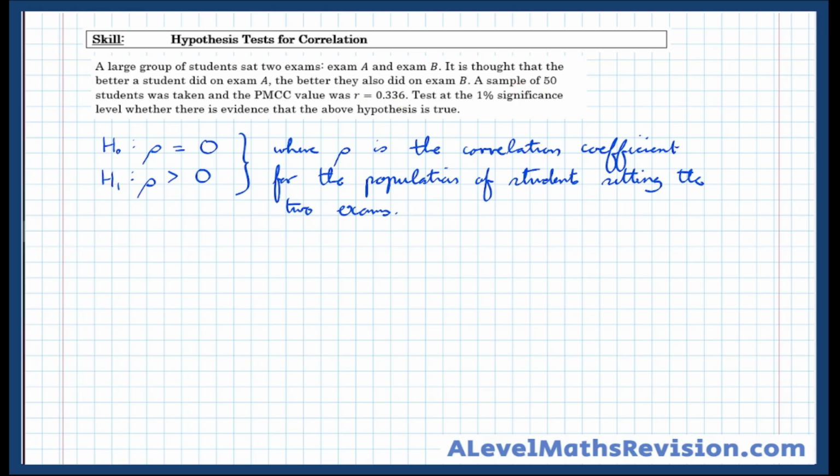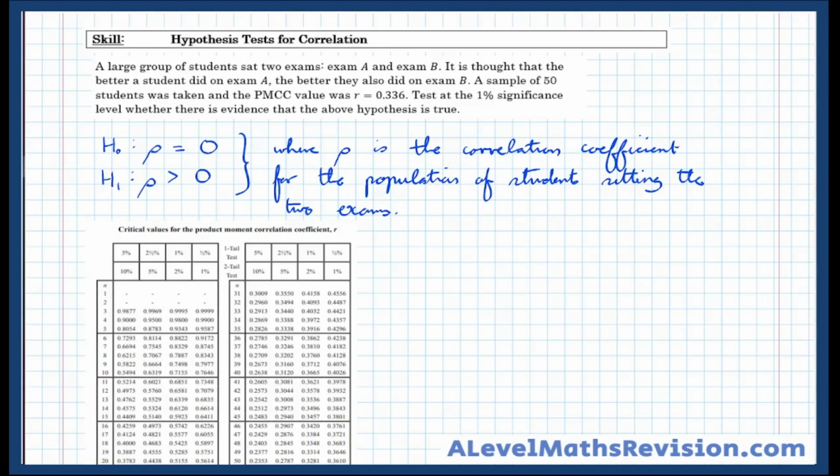So test at the 1% significance level whether there is evidence that the above hypothesis is true. The next step now that we've calculated the value of R for our sample of 50 is to compare it to the critical values in these tables. So what these tables tell us is the bare minimum value of R needed to say there's a correlation.